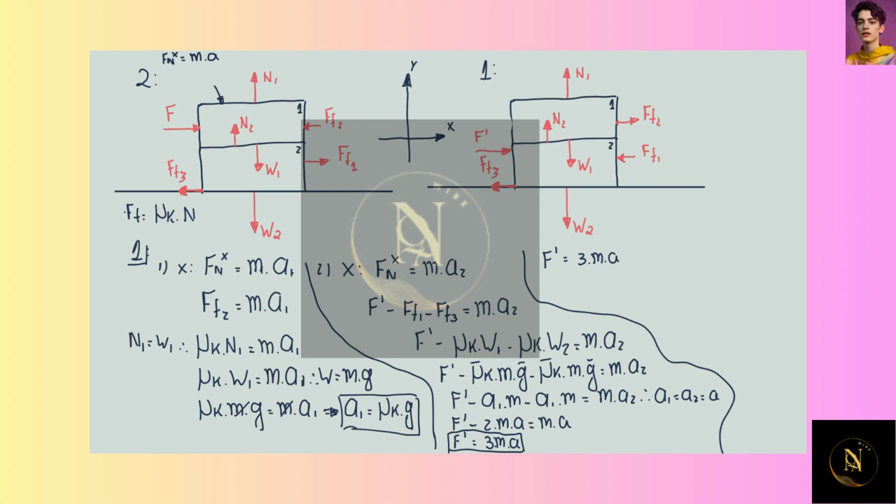Then the net forces are F minus F2, and this is m times a.